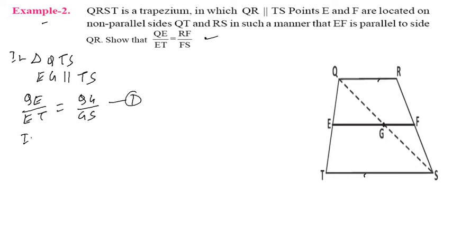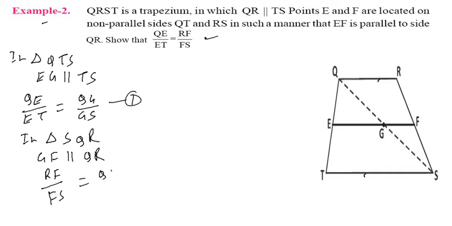But in triangle SQR, GF is parallel to QR. So you have to write here RF upon FS is equal to QG upon GS.